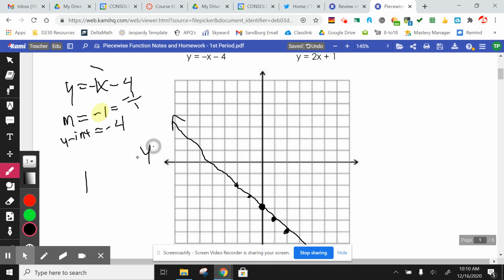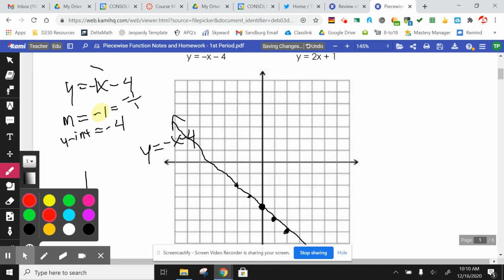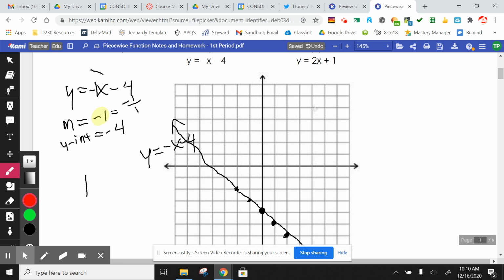All right, so that is the line y = -x - 4. If we do the other one, y = 2x + 1, the slope in this one would be 2, which for the sake of graphing, you may want to write as a fraction, 2 over 1. We know our y-intercept is +1.